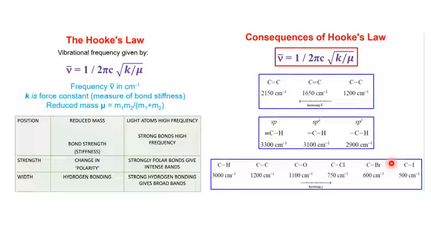The reduced mass, you know, mu is equal to m1 m2 divided by m1 plus m2. So when you increase the reduced mass, automatically, since nu bar is inversely proportional to 1 by root over mu, the frequency or the wave number will gradually decrease, as you can see, from 3000 centimeter inverse to 500 centimeter inverse. This is because of increasing mass, increasing reduced mass, increasing mu, so the frequency or wave number decreases in this series.